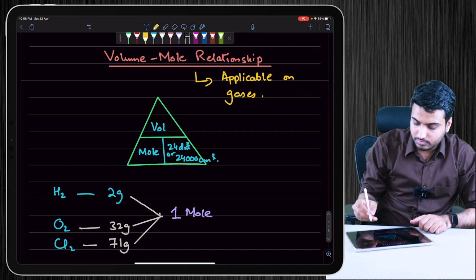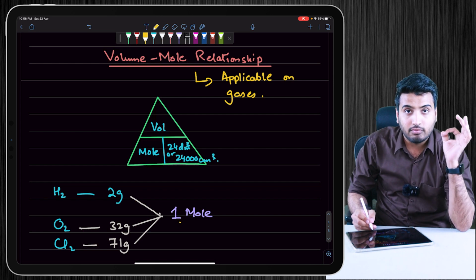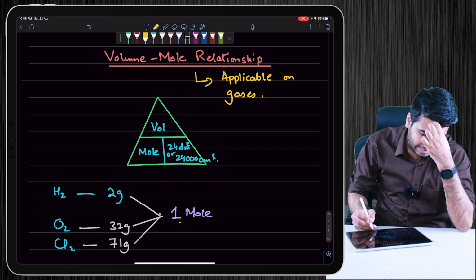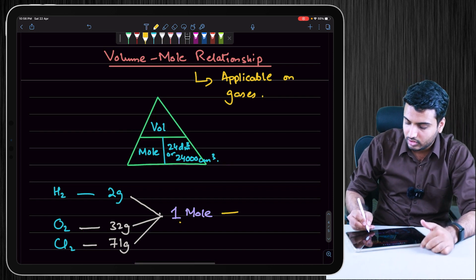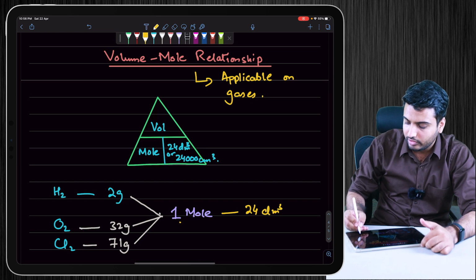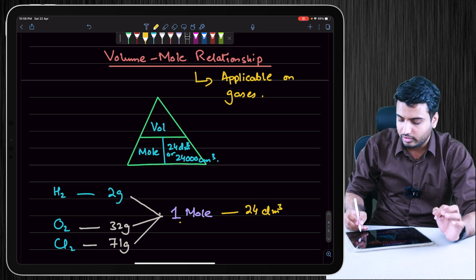So 1 mole of any gas at room temperature and pressure occupies 24 dm cube volume, which is known as molar gas volume.